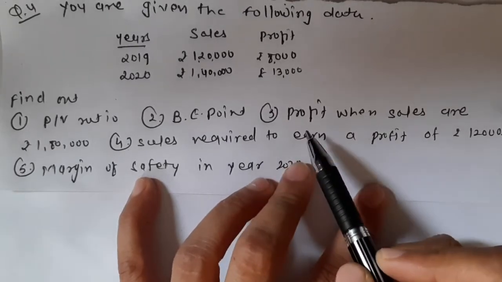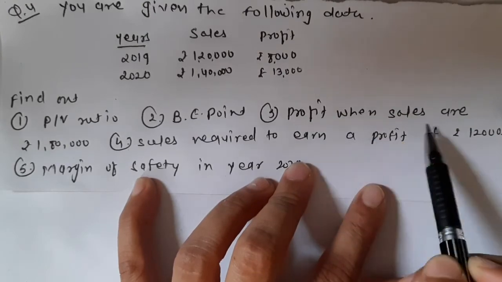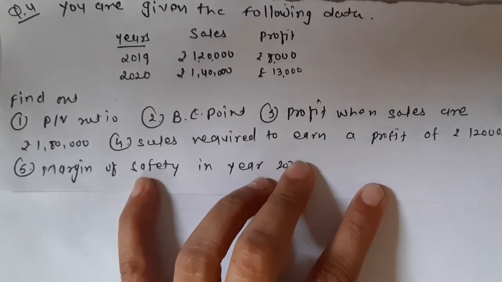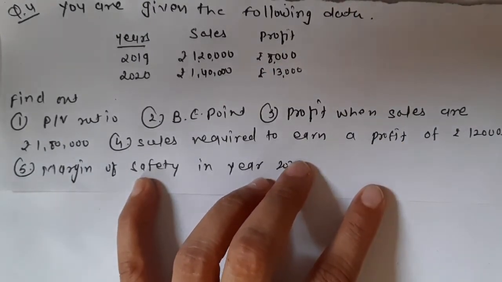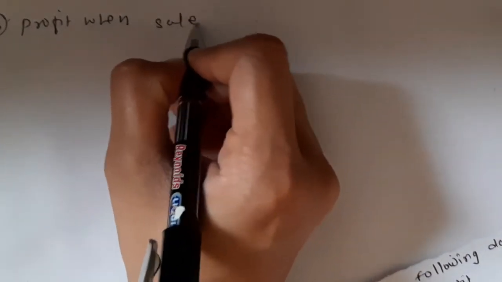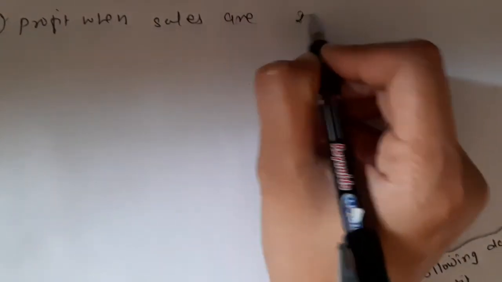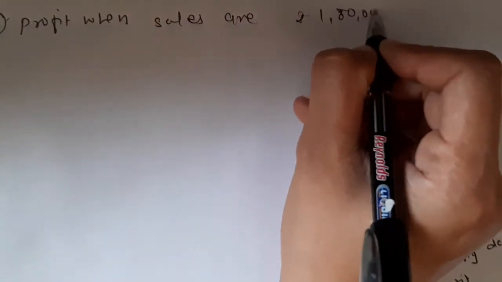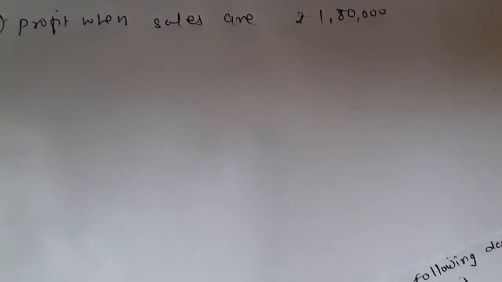They ask for profit when sales are rupees 1,80,000. Here we have to find the profit when sales are rupees 1,80,000. So we find it. So how to find profit? It is nothing but contribution minus fixed cost.